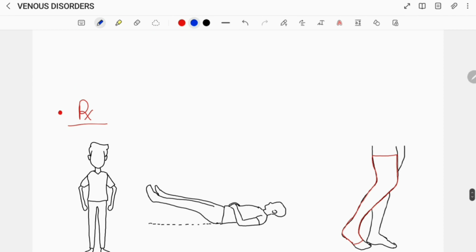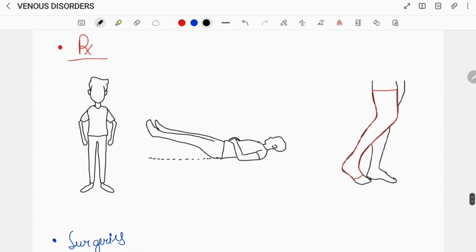Now, if I talk about the treatment of varicose veins, first we have the normal measures, such as avoiding prolonged standing.